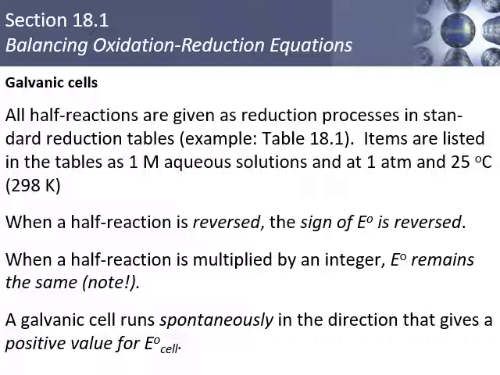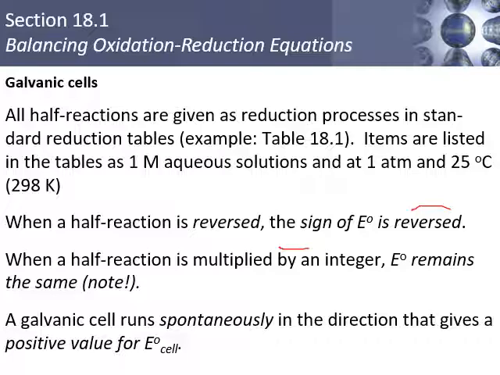Reading down here, kind of in the middle, when a half reaction is reversed, the sign of the voltage is reversed, which we mentioned before. And notice this right here, when you multiply a half reaction by an integer, the reason you would have to do that would be if the number of electrons in one half reaction doesn't match up exactly.